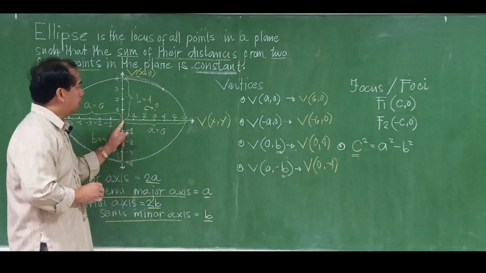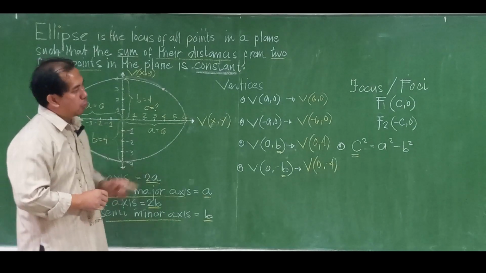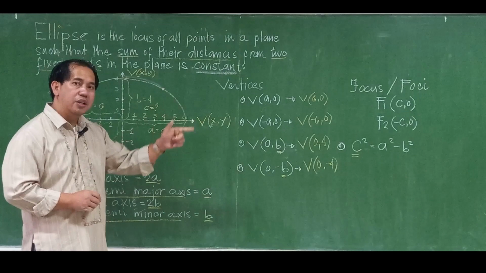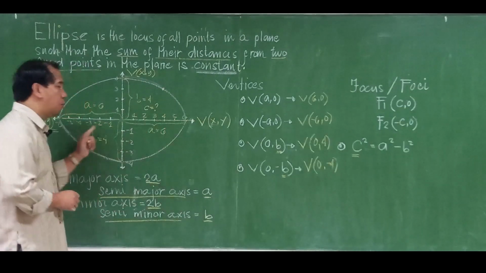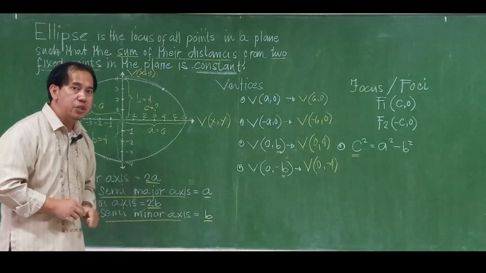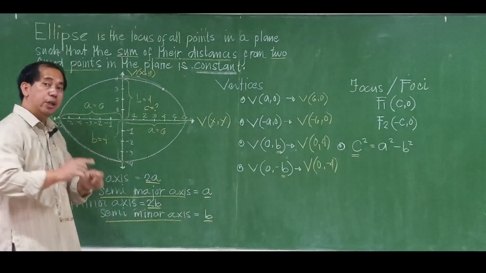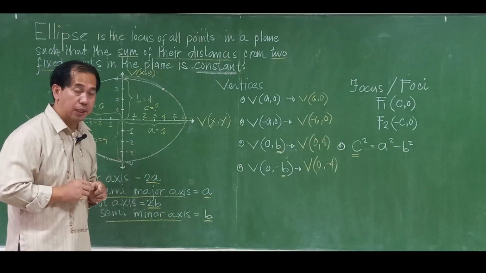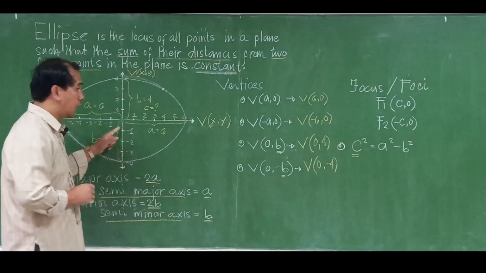So the question is, where is the focus, or where are the foci located in our major axis? Again, we cannot locate that one immediately. Why? Because we need to compute for the value of C. Again, what is the C?